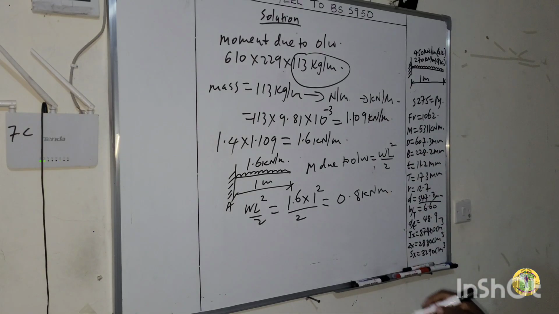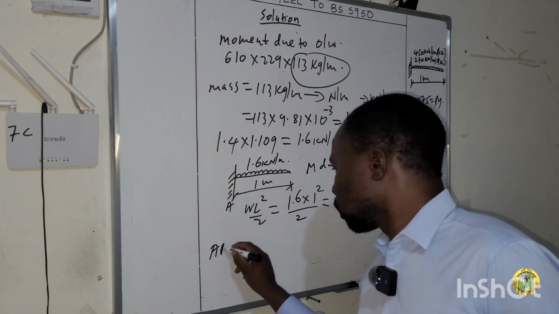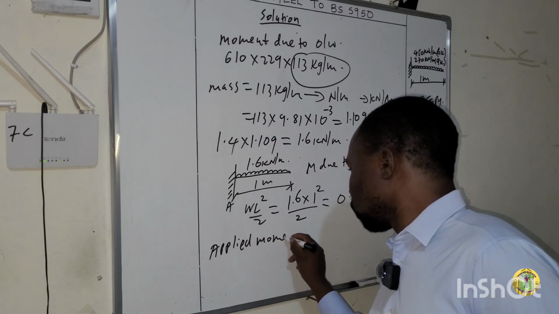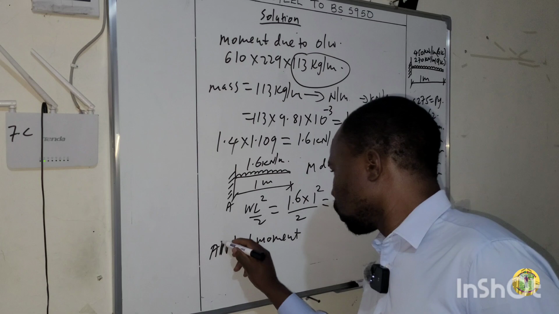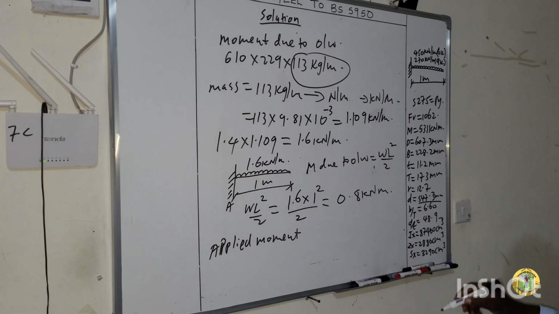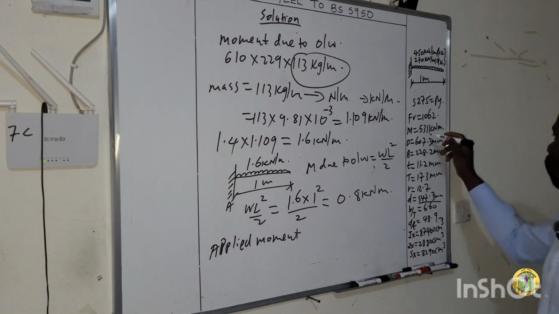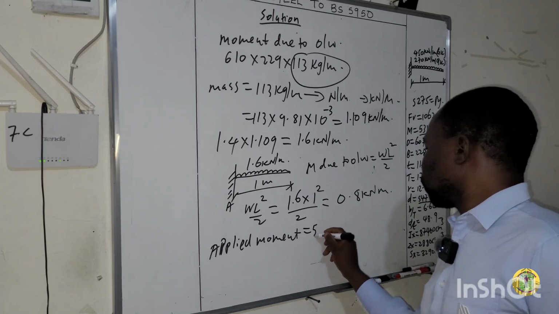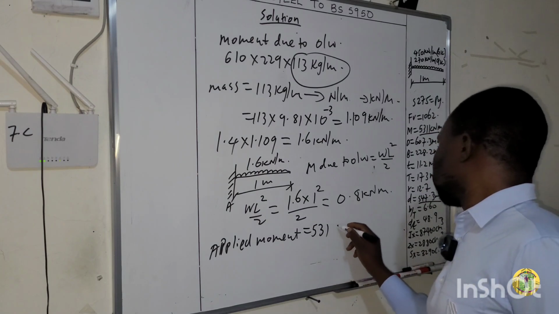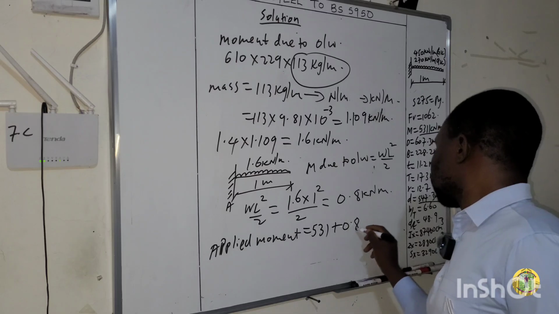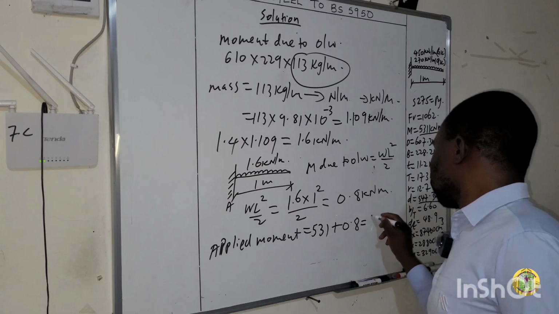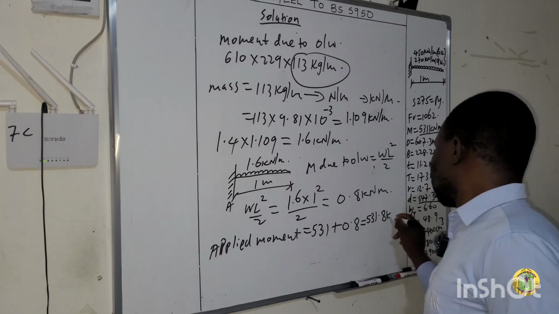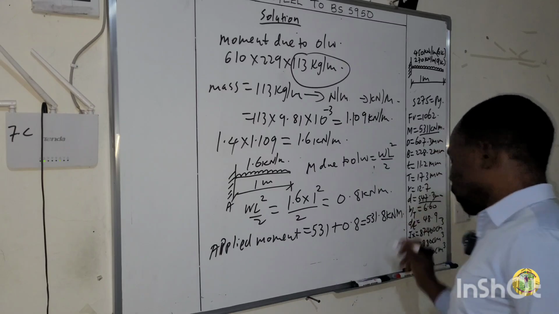So applied moment will be the total moment, and the total moment will be 531 plus 0.8. So this one is equal to 531.8 kilonewton meter.